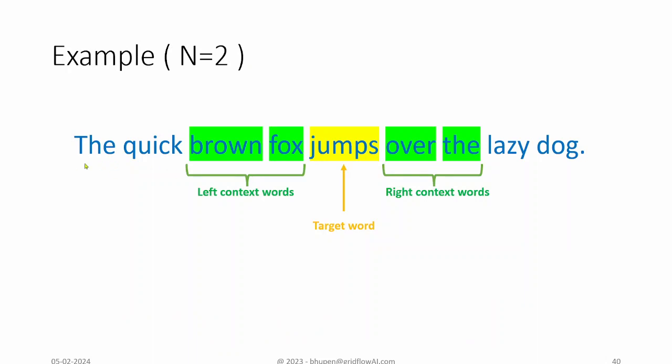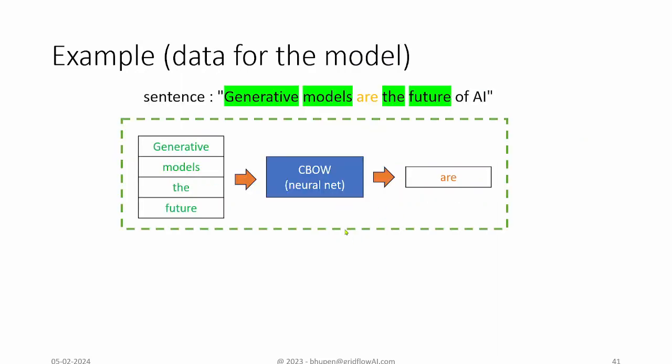Let's take an example here. The sentence is: quick brown fox jumps over the lazy dog. So here is the surrounding words, the left context, and this is the right context, and this is the target word. So for the example data that we prepare to train the model, we will be using the left two words and the right two words as the input to the neural net, and we are predicting the center word or the target.